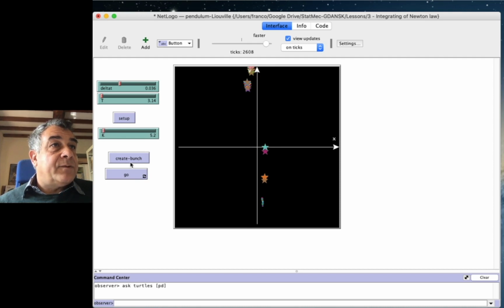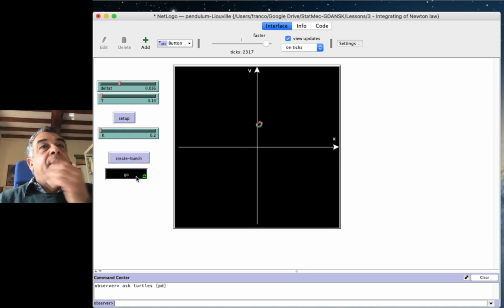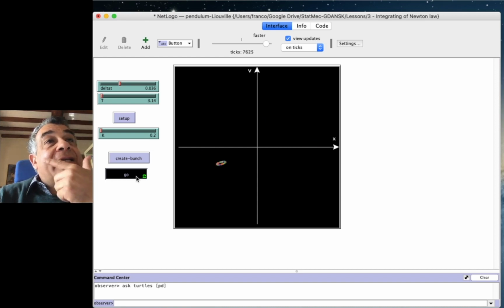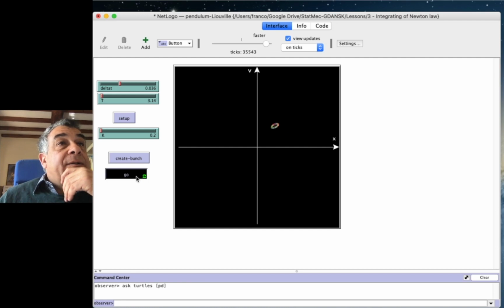Maybe we have to reduce it. Okay. Now you see that I maybe still have to reduce this again, and okay. Now you can see that for a linear system this does not happen, because essentially all oscillations have the same frequency independently of the initial conditions, so they stay together.